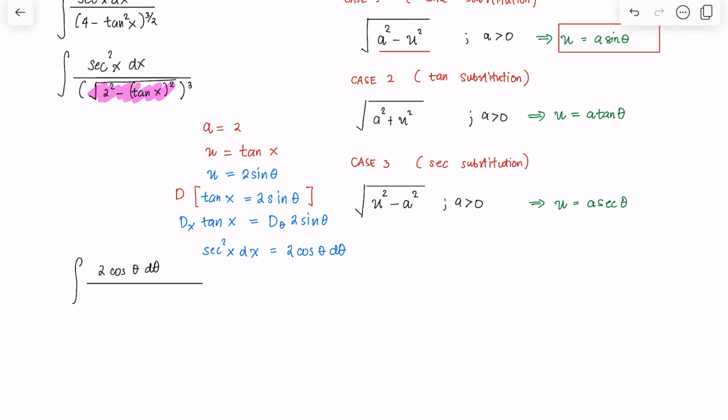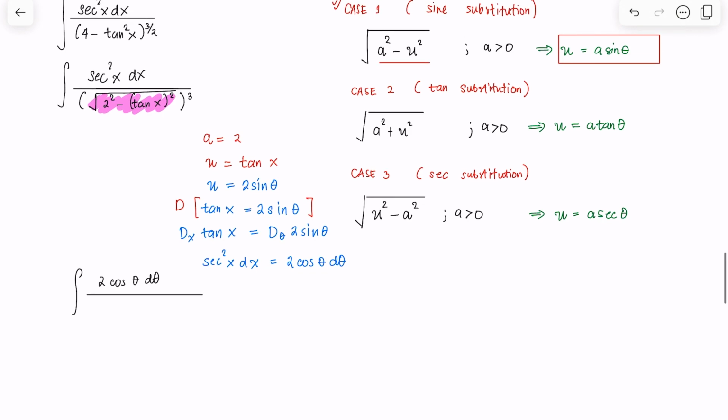For the denominator, that's going to be 2 squared, because it is a squared minus u squared, minus our u squared, the one I said I would be highlighting. Based on our trigonometric substitution, u becomes 2 sine theta, and that is squared.